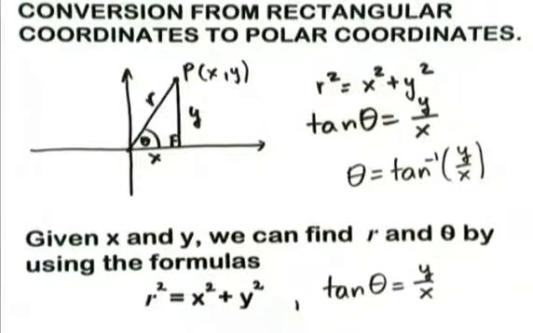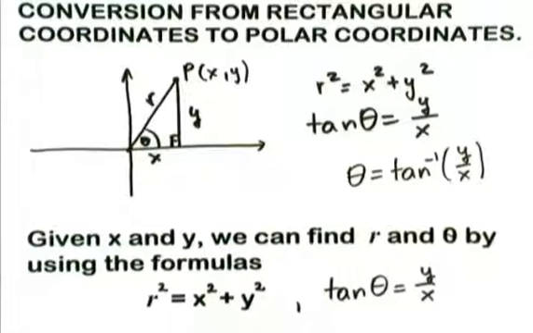So those are the two formulae for conversion that we've just learned. This one is to convert from rectangular to polar coordinates. For polar, we need to have r and theta.